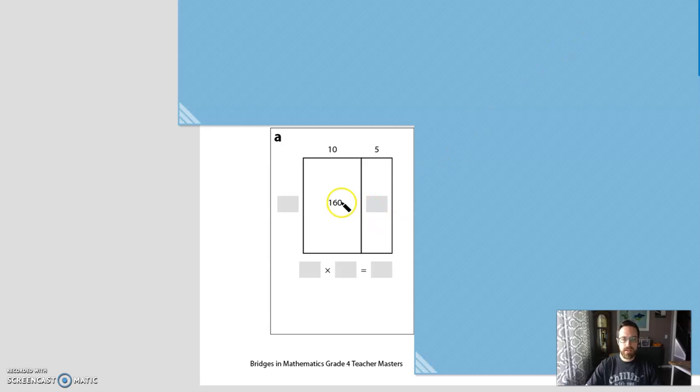This is just a multiplication problem using an area model. So I have a 10, and remember this would be a 10 plus 5, so this I know is 15, but now I have to figure out 10 times what gets me 160. Well, really anything times 10 just increases a place value, so this would be 16, or 16 times 10 is 160.